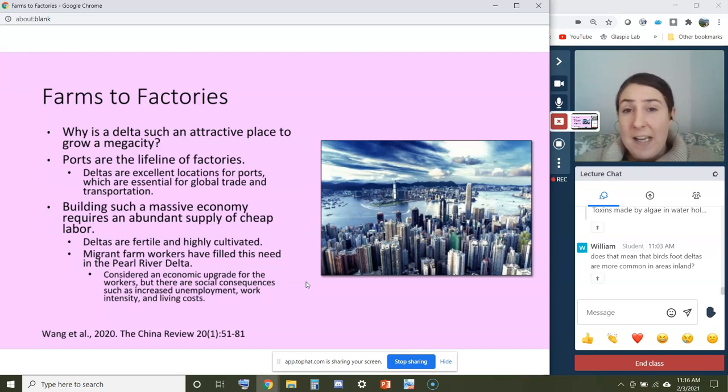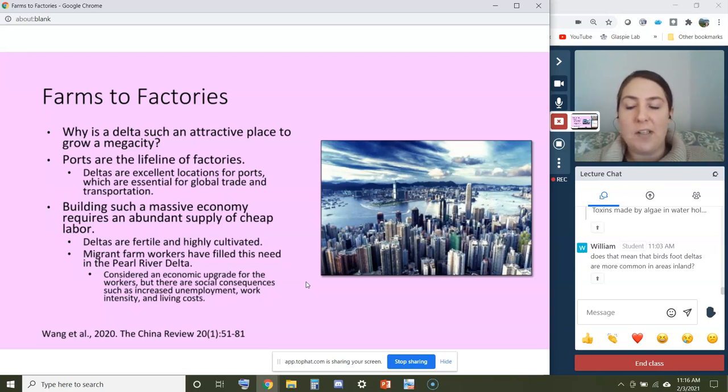You might wonder how this impacts those migrant farm workers, and there have been some studies to look at that. New factory jobs and placement in those jobs is considered an economic upgrade for the workers and a social upgrade too. They can increase their social standing, but there are a lot of consequences to moving from rural migrant farm work to a factory job.